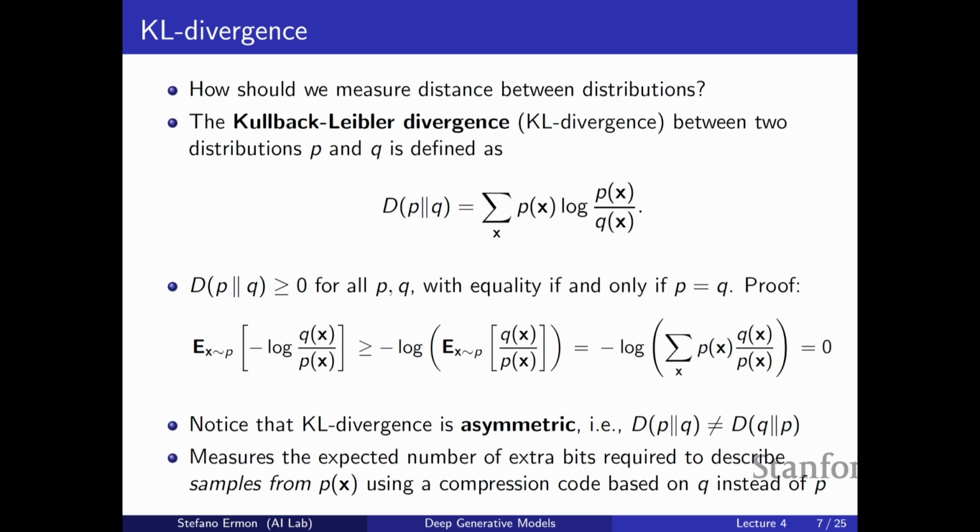And essentially, the KL divergence between P and Q tells you how well compression schemes based on P versus Q would perform. Specifically, it's telling you, if the data is truly coming from P and you use a compression scheme that is optimized for Q, how much worse is it going to be than a compression scheme that was actually based on the true distribution of the data?